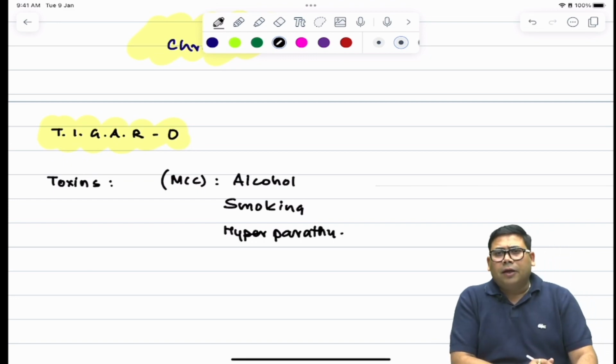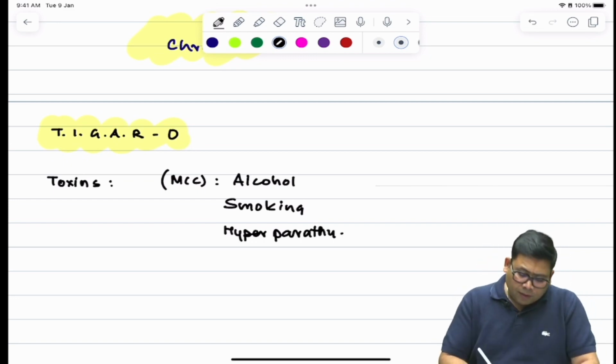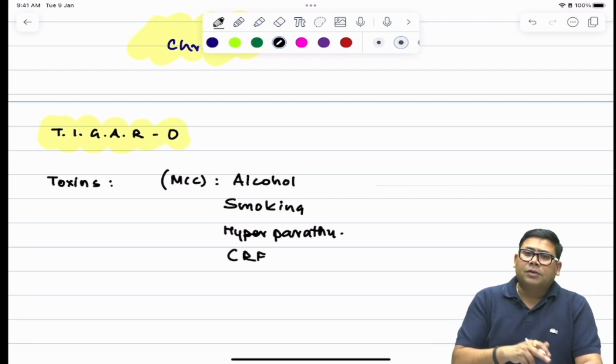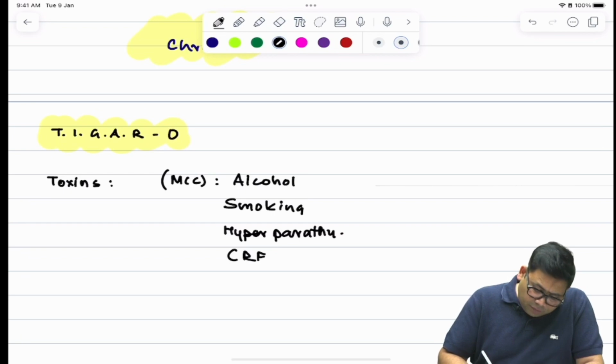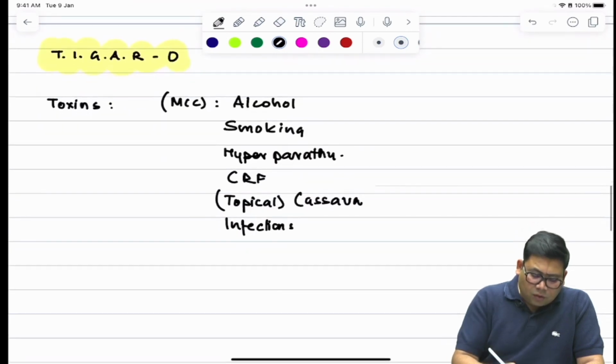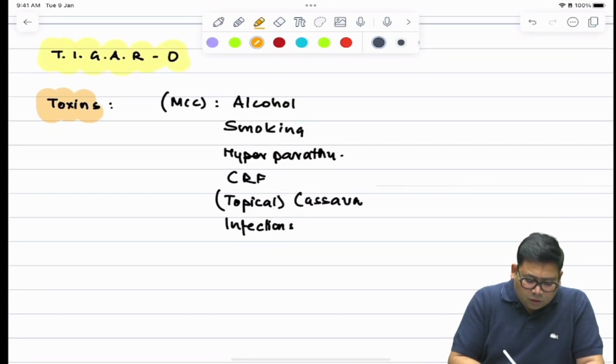Because hyperparathyroidism causes hypercalcemia. Same is the reason with CRF, because CRF causes secondary hyperparathyroidism resulting in hypercalcemia. Then we have tropical pancreatitis, which is always due to dietary agents like cassava, and then chronic infections can be the reason behind them. This is all about the toxins.